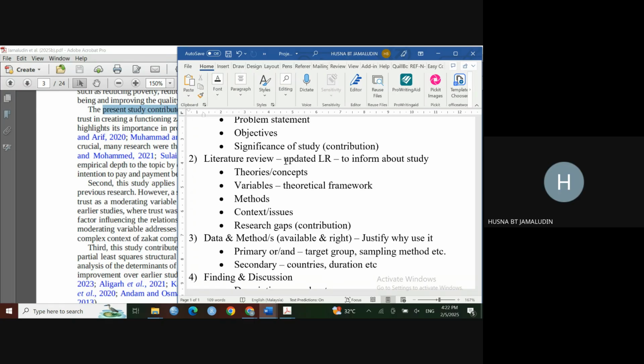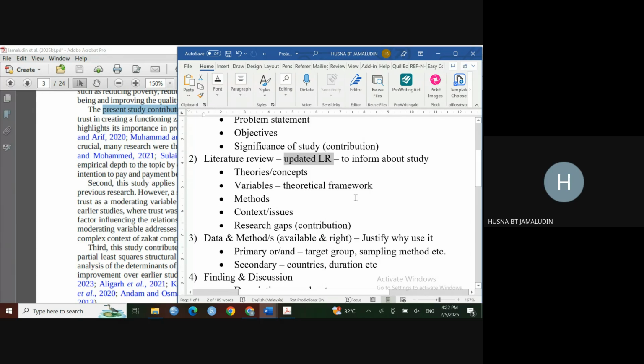After the 1920s, the theory has been updated. They are using different advanced techniques, advanced methods. So you can have the evolution of the study. But some of you just use the old studies. Don't. You have to have the updated one to show that recently some studies have done this, but there is something missing that you can contribute.